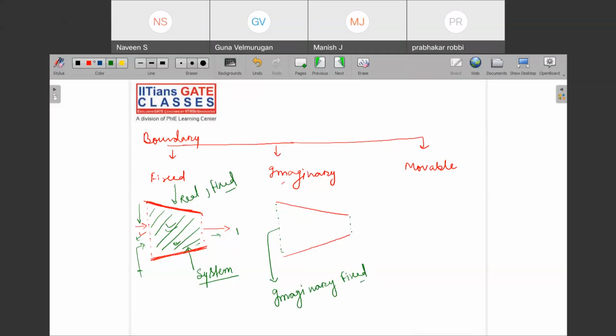Then what is a movable boundary? See, let us say you are analyzing some problem in a piston cylinder assembly. Let us say that this piston cylinder assembly is at some given pressure and temperature, and then you give it some amount of heat. Now again your study should be focused on some limited point. Why? Because you are not worried about what happens to this piston.